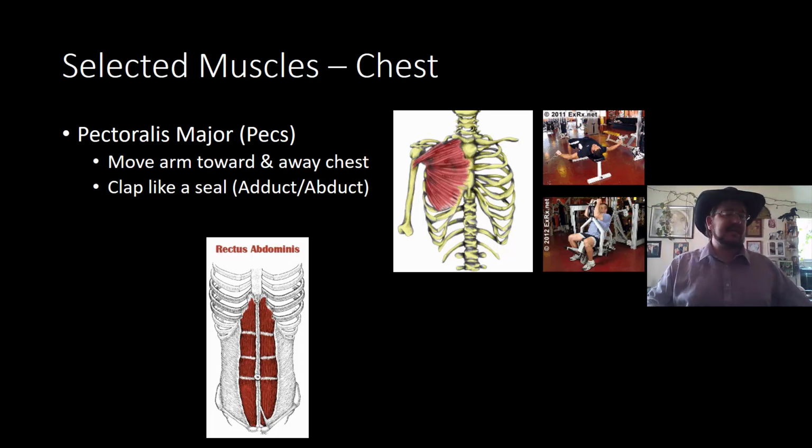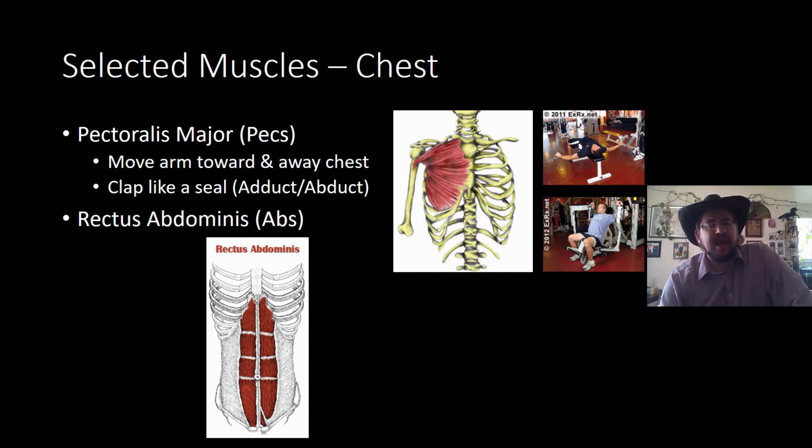Even though when birds actually flap their wings, they're doing this. So I say clap like a seal because, you know, too many Saturday morning cartoons have shown people do this. So pecs allow this. Wow.